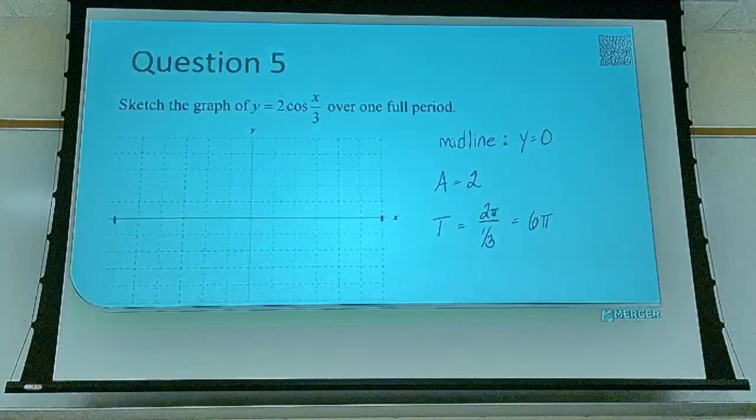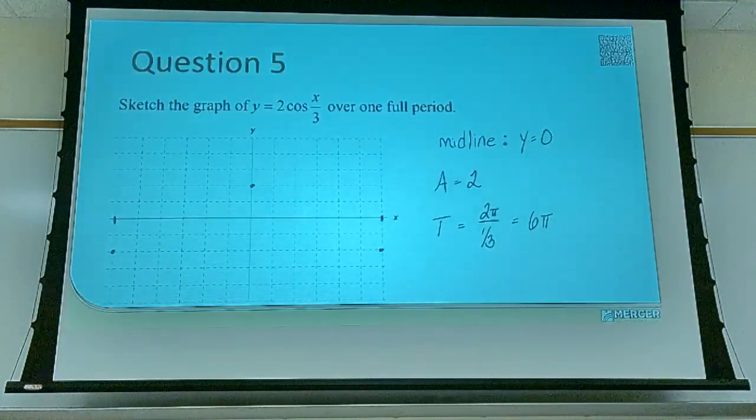Maximum still occurs at 0. Goes up to 2. The minimum still occurs at the two endpoints, -2 there and -2 there. It's 0 generally at odd multiples of pi over 2.